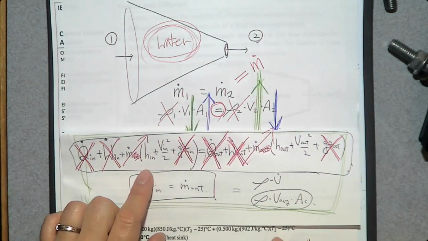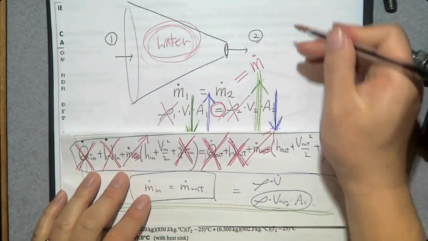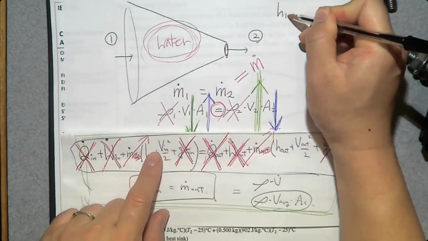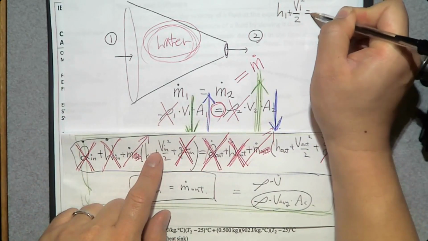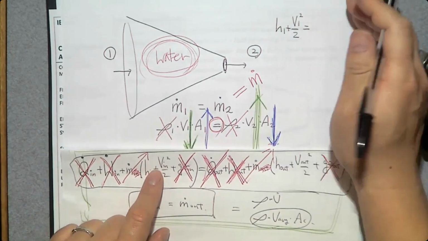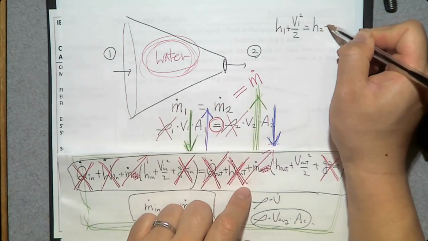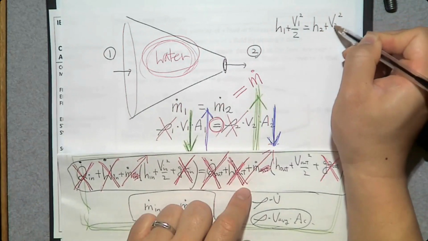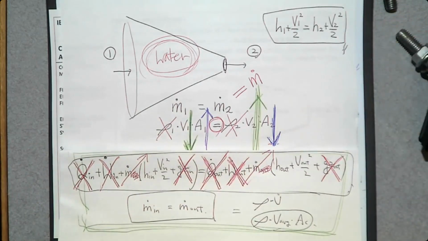So the energy balance equation is h at the inlet, number 1, h1 plus velocity at the inlet squared over 2 should be the same as h at the exit, number 2, plus velocity at the exit squared over 2. So this is the energy balance equation you can use for a nozzle system.